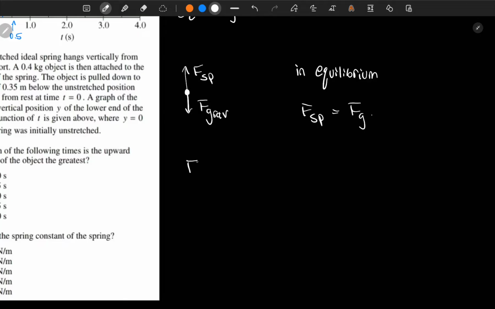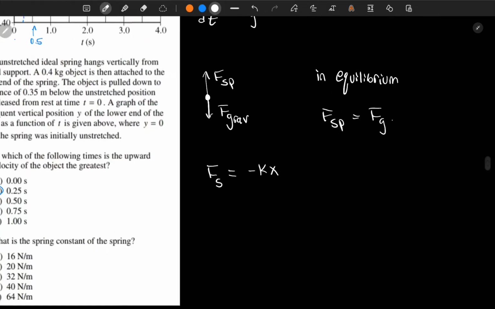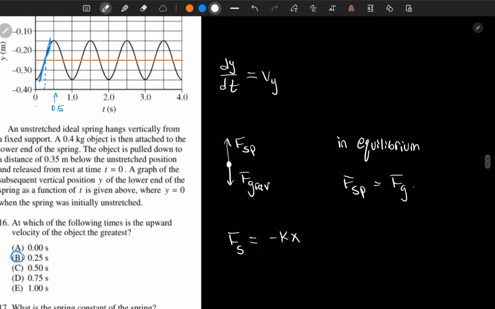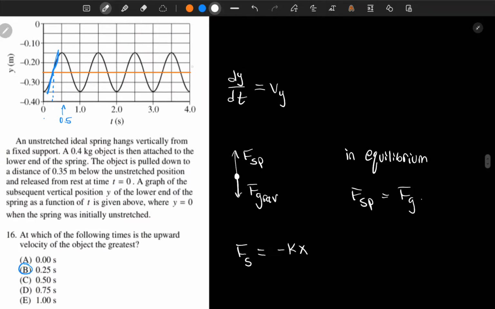So, since the spring force is equal to negative kx, here, let's suppose that we're in equilibrium, which is this orange line that I indicated.